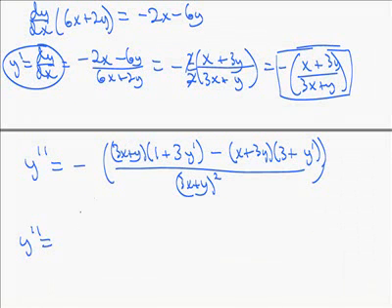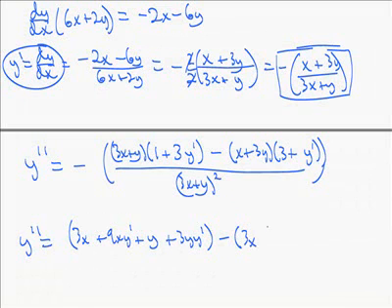So foiling out here, we have a 3x. The outer is going to be 9xy prime plus y plus 3y y prime, minus, foiling these two quantities, we get 3x plus xy prime plus 9y plus 3y y prime.